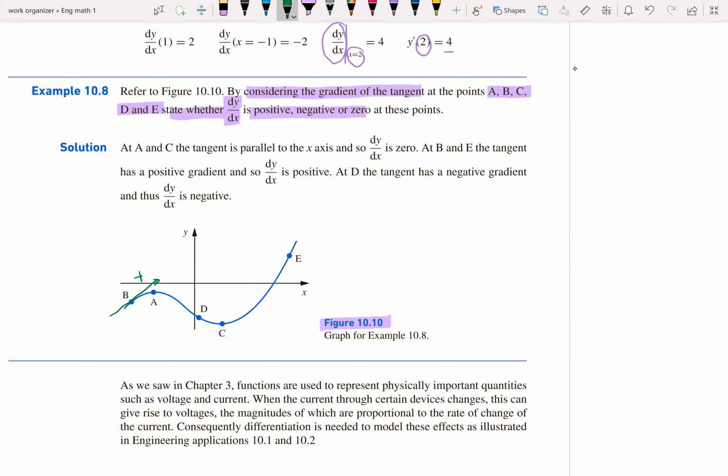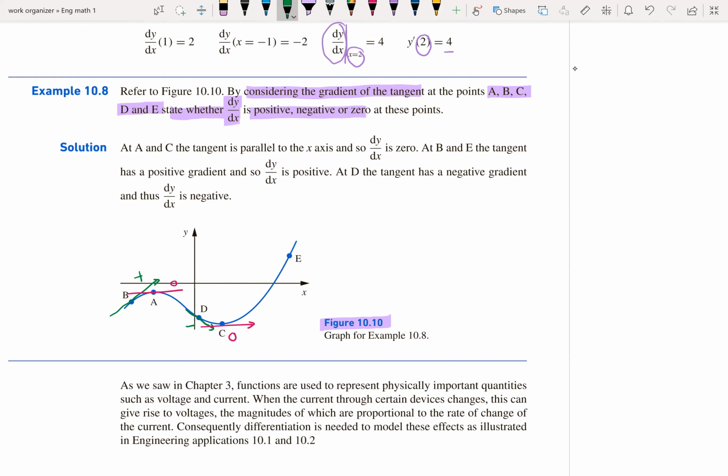And then for A, it is a flat line, so this is 0. For D, from left to right it is decreasing, so it is negative. At C, the tangent is flat also, so it is 0.